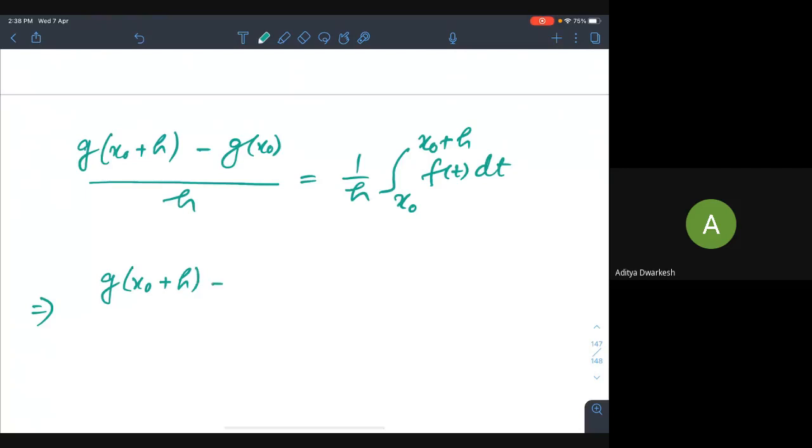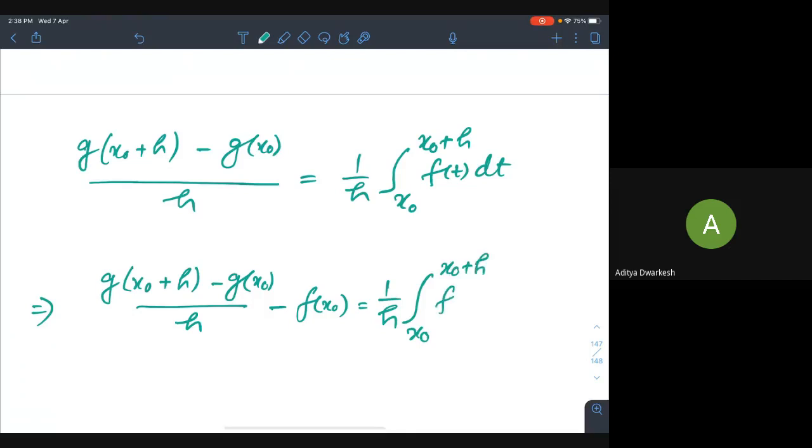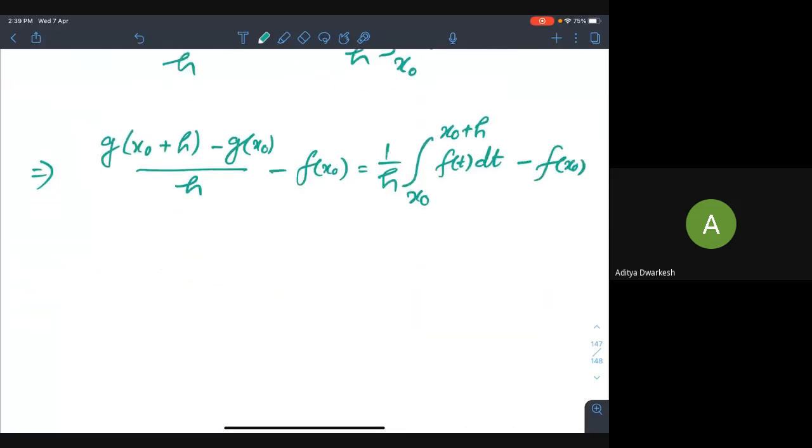So (G(x naught plus h) minus G(x naught)) by h minus f(x naught) is 1 over h times the integral from x naught to x naught plus h of f(t) dt minus f(x naught).